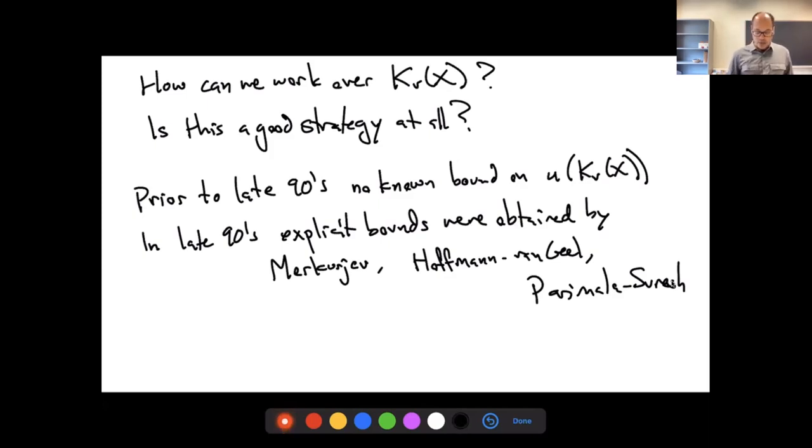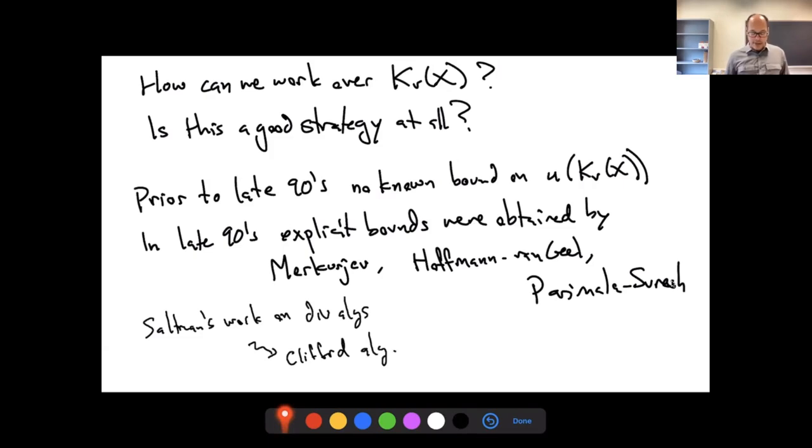Thanks to Saltman's work on division algebras, which applied via the Clifford algebra construction of quadratic forms, one could get bounds on the u-invariant. So when this result came out, there was work of Merkurjev, of Hoffmann and Van Geel, and then of Parimala and Suresh, in '97, '97, and '98, where they were able to show that if you had a form with more than 10 variables, then you would have a non-trivial zero for these curves over p-adics, function fields over p-adics.